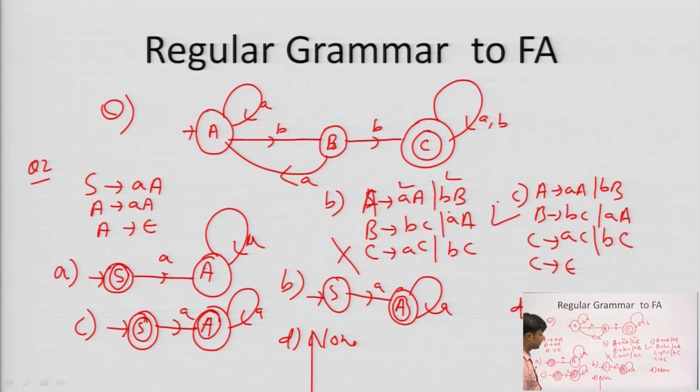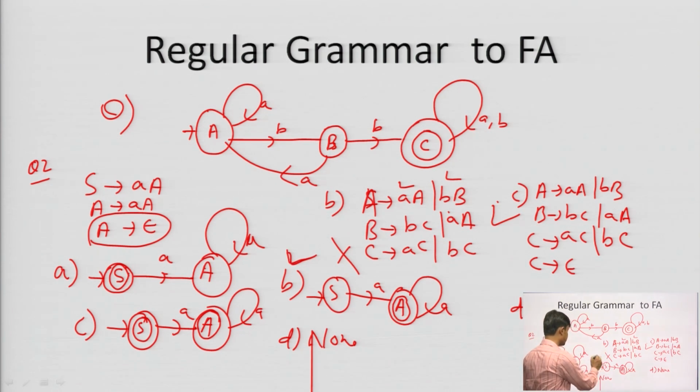So, if you see this grammar, from this grammar you can say which options are correct. Here all strings with at least one A, followed by any number of A, will be accepted. So, option B is the right answer, because A must be final. In every production A to epsilon, A will be a final state.